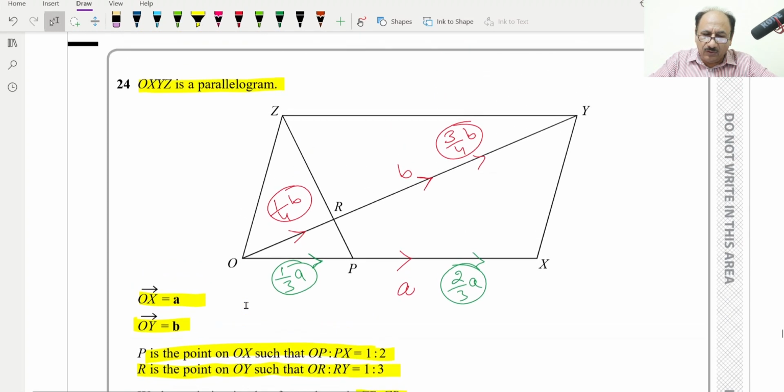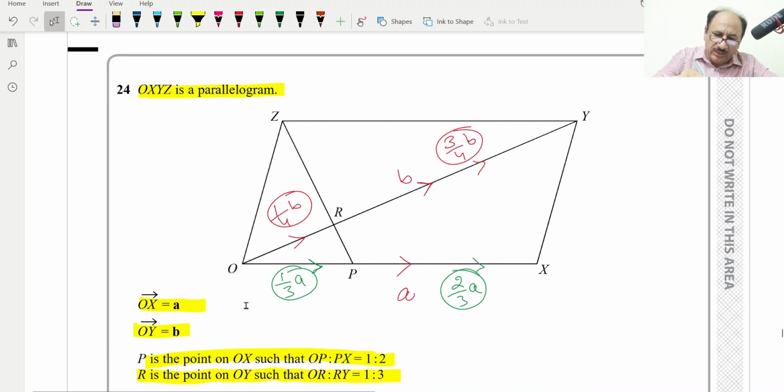So first of all, we will find this side, which is OZ. So we can indicate this one like this. This will be equal to this direction, this one.